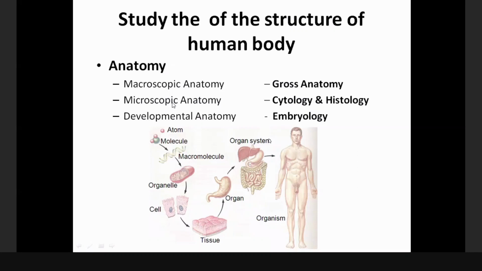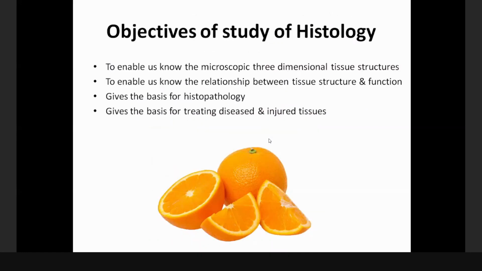Then we have microscopic anatomy, which I'm speaking on today, which includes cytology and histology. And we also have developmental anatomy, which is embryology. So cytology and histology are branches of anatomy which we study by the use of microscope. That's what we are dealing with today.